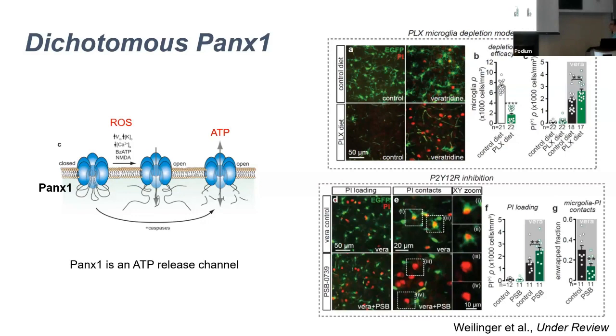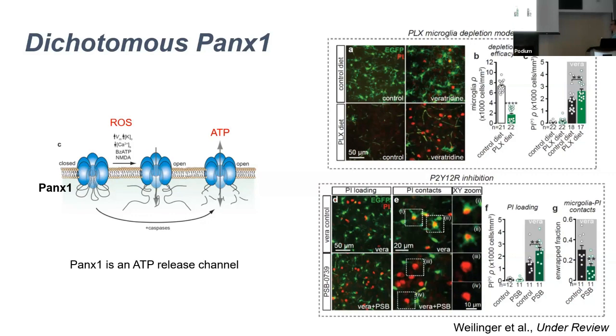And so we can assess this axis in another way. So instead of depleting all microglia here, we're inhibiting P2Y12. These are the purinergic receptors on microglia that are detecting the ATP. And so when we block P2Y12 receptors with this PSB compound, we see an increase in cell death.